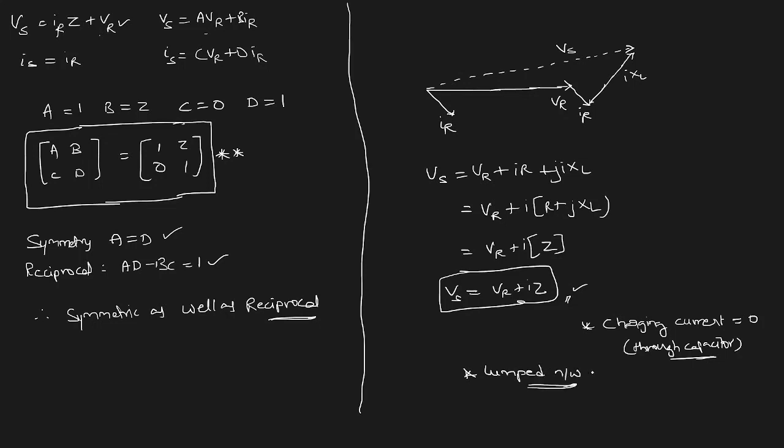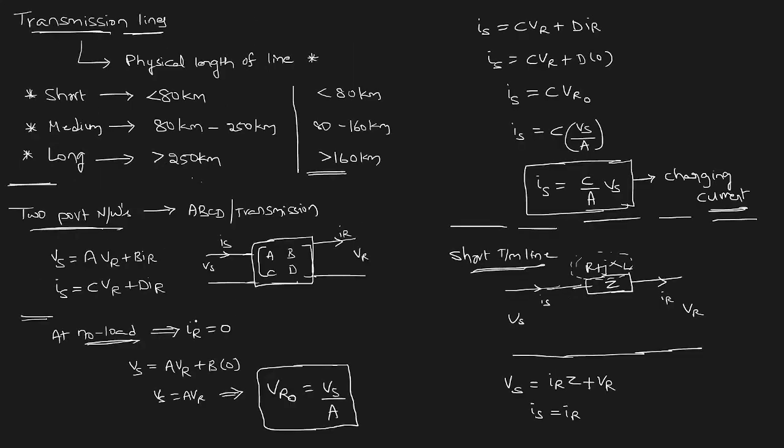We already discussed what lumped and distributed networks are in the earlier classes, so no need to go through that now. Please remember that a short transmission line network is a lumped network. These are some of the important points corresponding to the short transmission line.